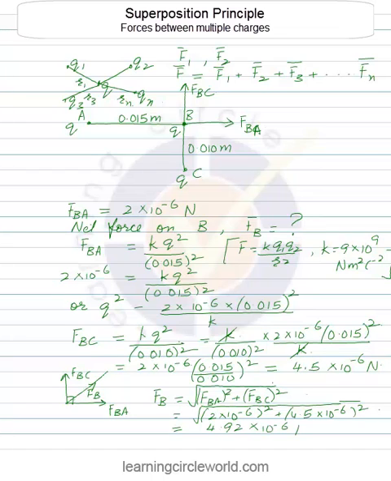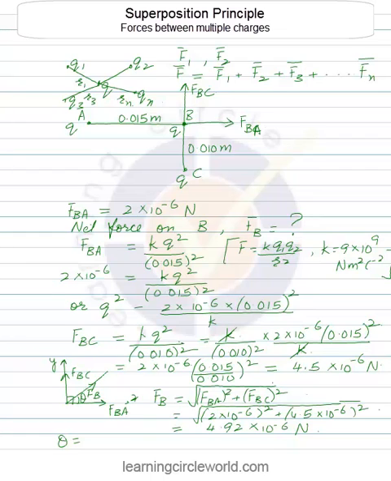If you also want to indicate the angle theta, theta is the angle with respect to the force FBA. We can say FBA is acting along the x-axis and FBC is acting along the y-axis.